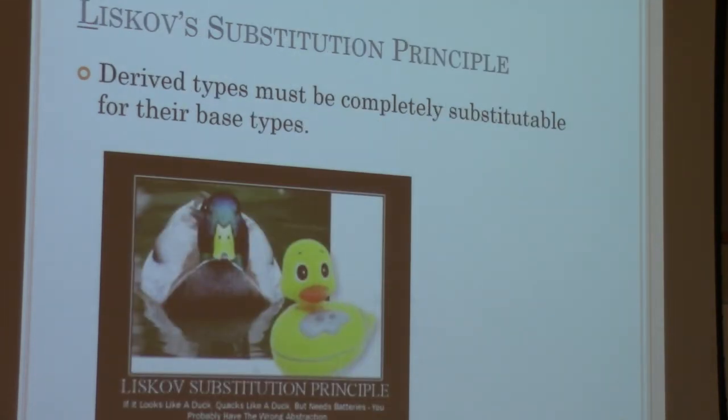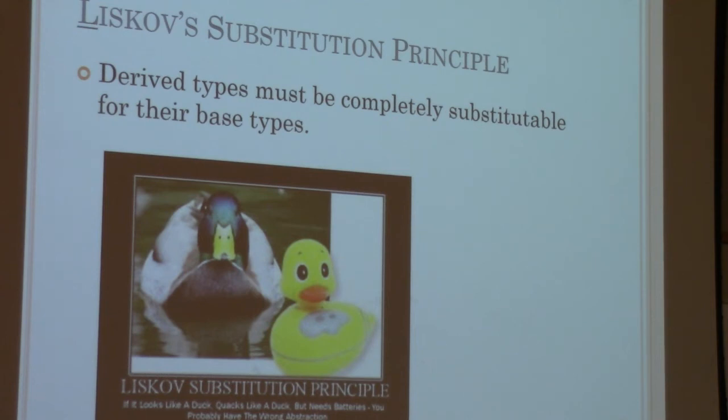The next one is the substitution principle. Derived types must be completely substitutable for their base types. That is another way of saying that the child class still qualifies to be an object of the base class as you are extending. In other words, you shouldn't derive from a base class and put all its methods in the private section.